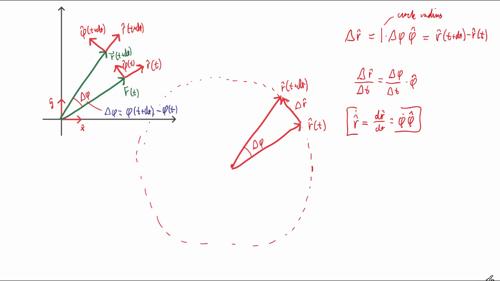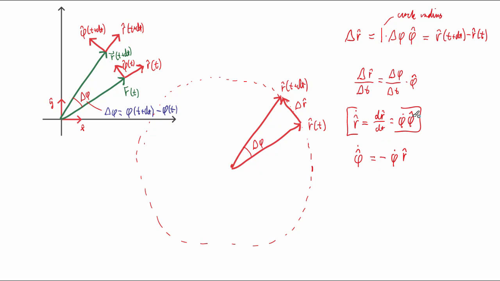We can do the same thing for phi hat and phi dot. I'll leave that as an exercise to you. But we can show equally well that phi hat dot is equal to minus phi dot r hat. That makes sense, right?